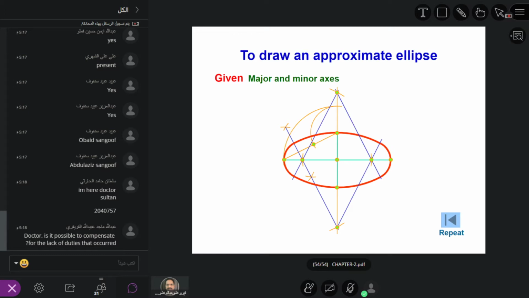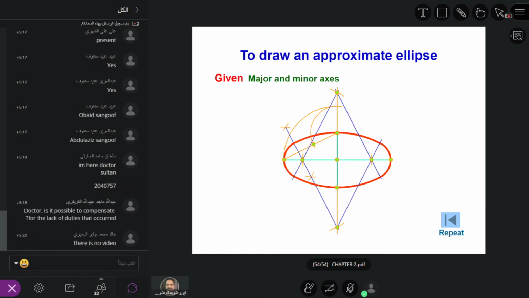You know what's the difference? He is using software to draw this, but what you're doing is the manual construction of this ellipse. So now we have AB being the horizontal axis, and the vertical axis should be the perpendicular line.